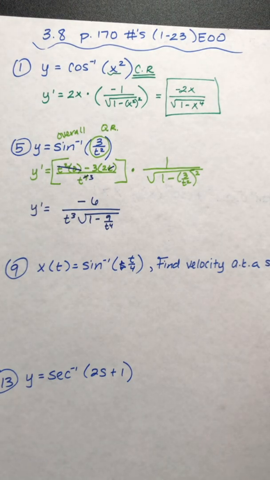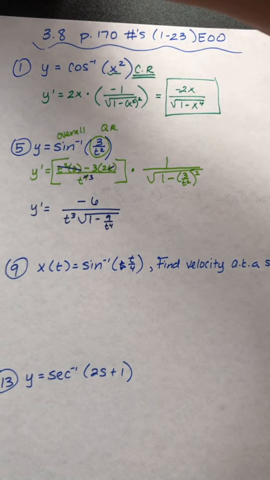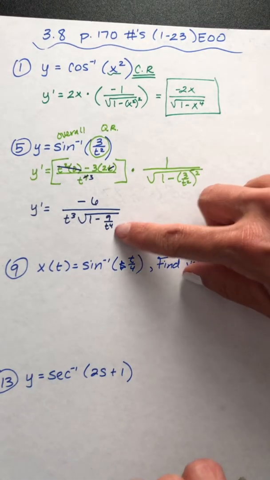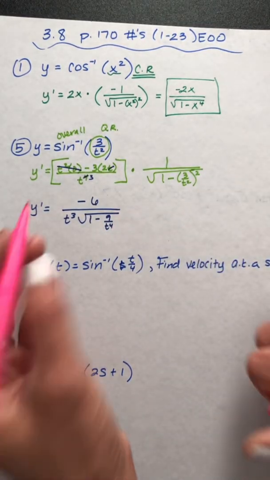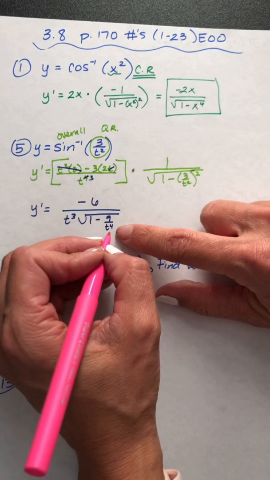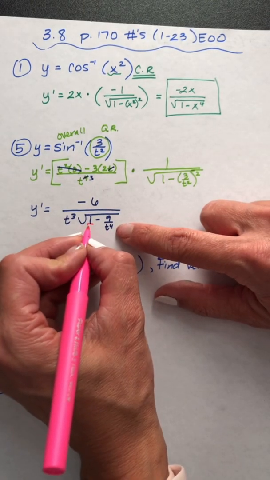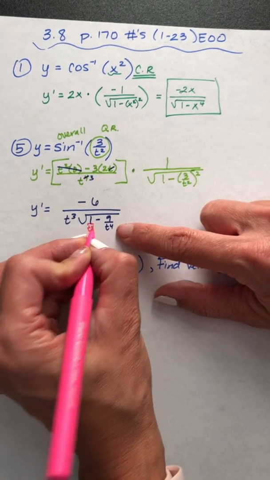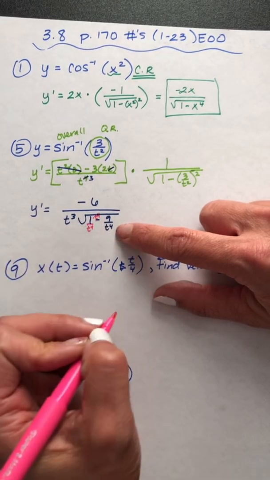Well, I want to simplify what is in that radical. So I want to get a common denominator with the 1 and the 9 because I see two things in there that are perfect squares. So to get a t to the 4th here, I'm going to need to multiply top and bottom by t to the 4th.